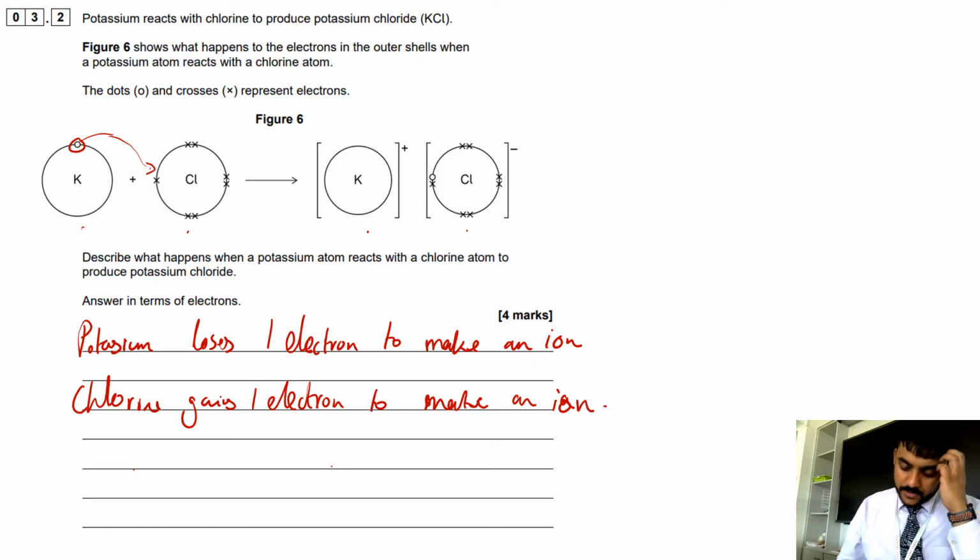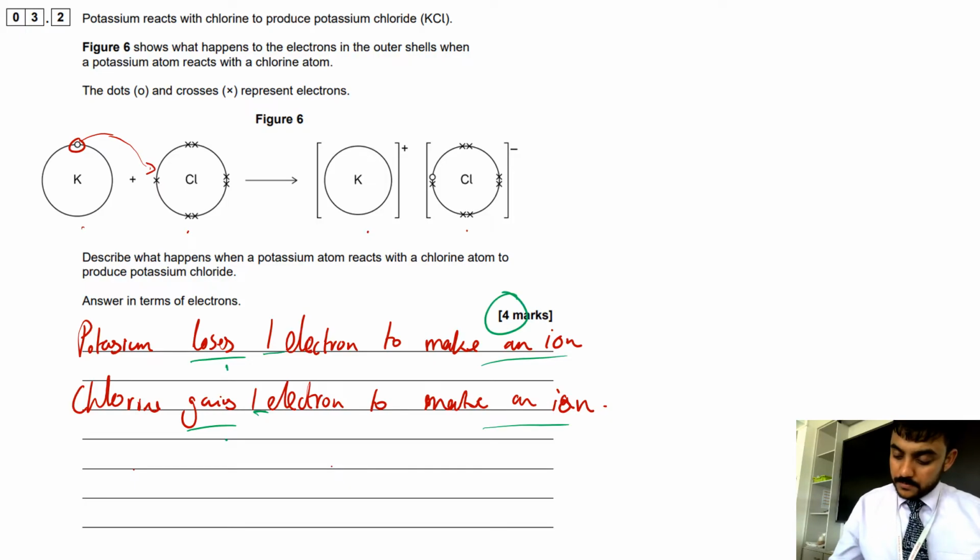There we go. Now, this is an interesting marking point. The losing and the gaining, those are 1 mark each. Reference to 1 electron, that's another mark. So there's 1, 2, 3 marks. And then the making of the ion is the other mark. So that's how you get the 4 marks.